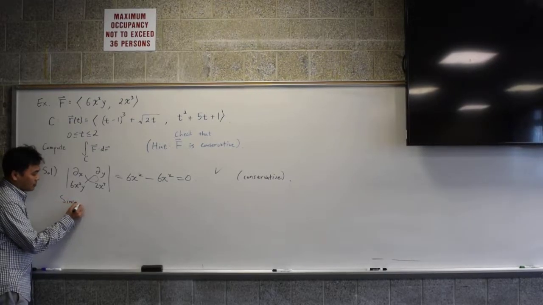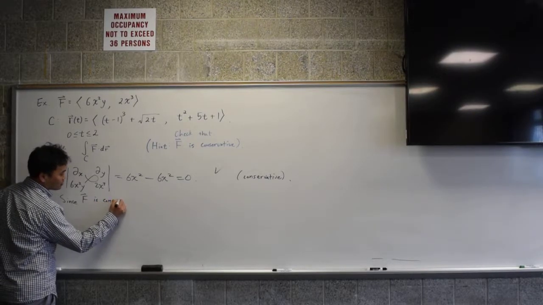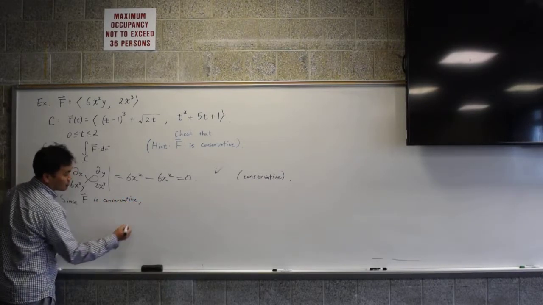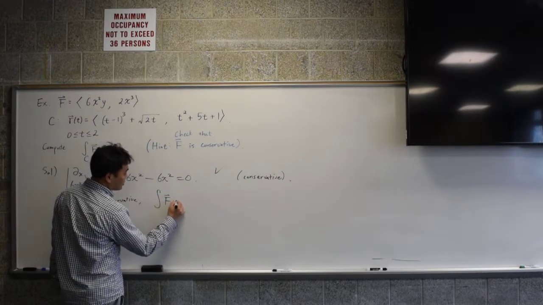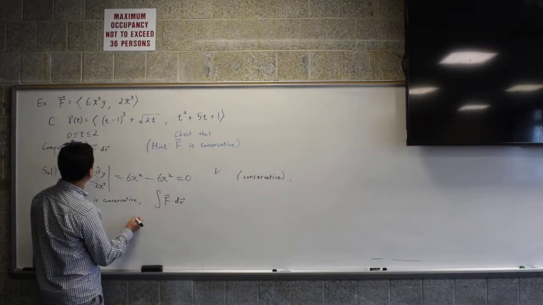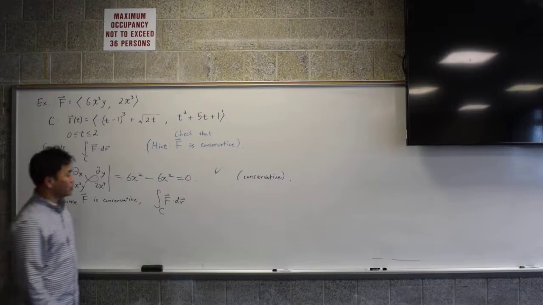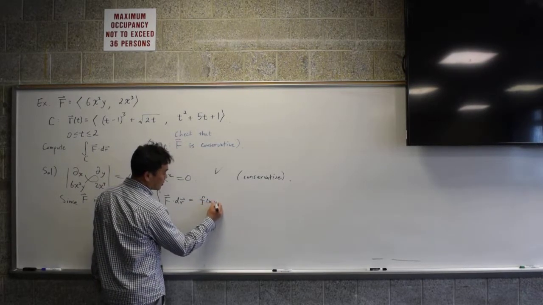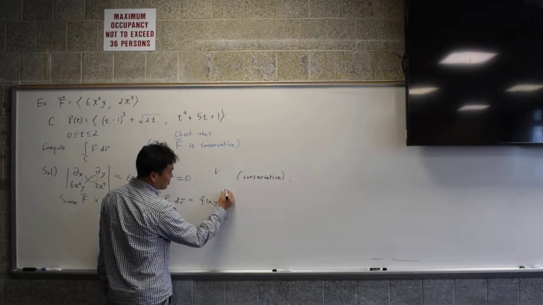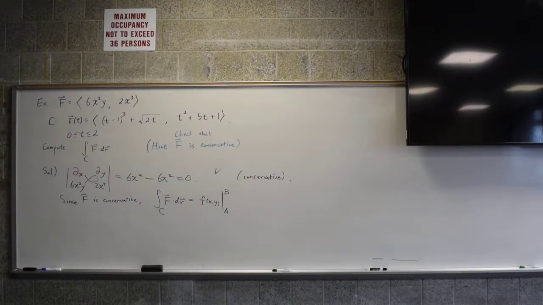Since F is conservative, we know that the integral of F dot dr over C is equal to f(x,y) evaluated at point B and A. Okay?